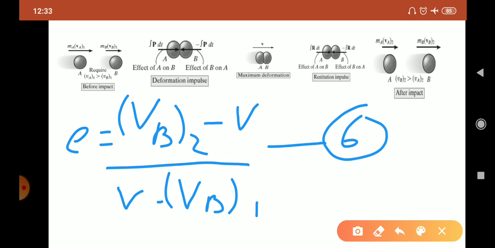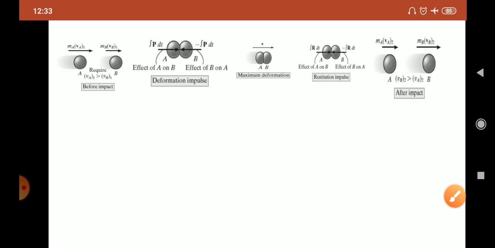Now what we need to do, from equation number 3 and equation number 6, is find the value of V. Remember equation number 3, which was for body 1.